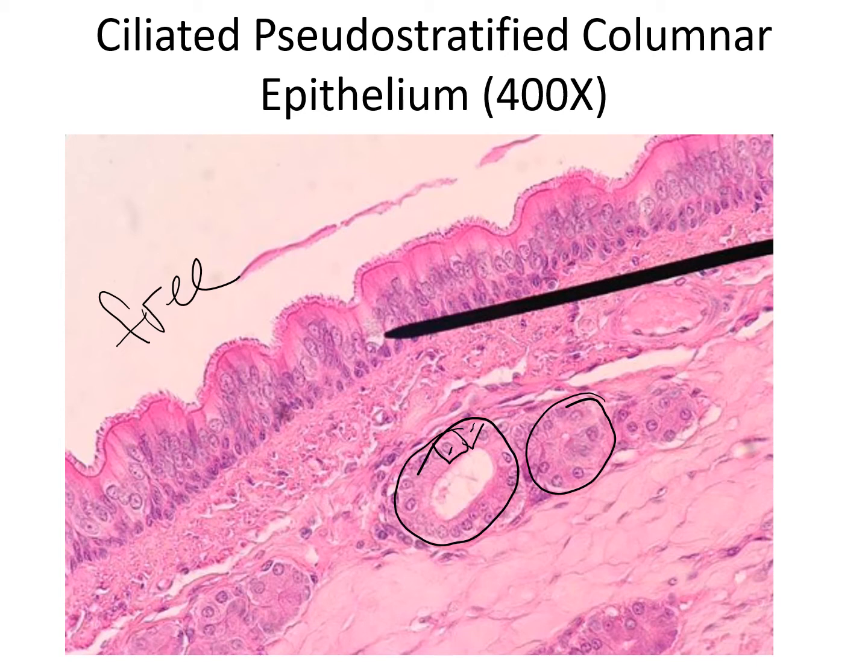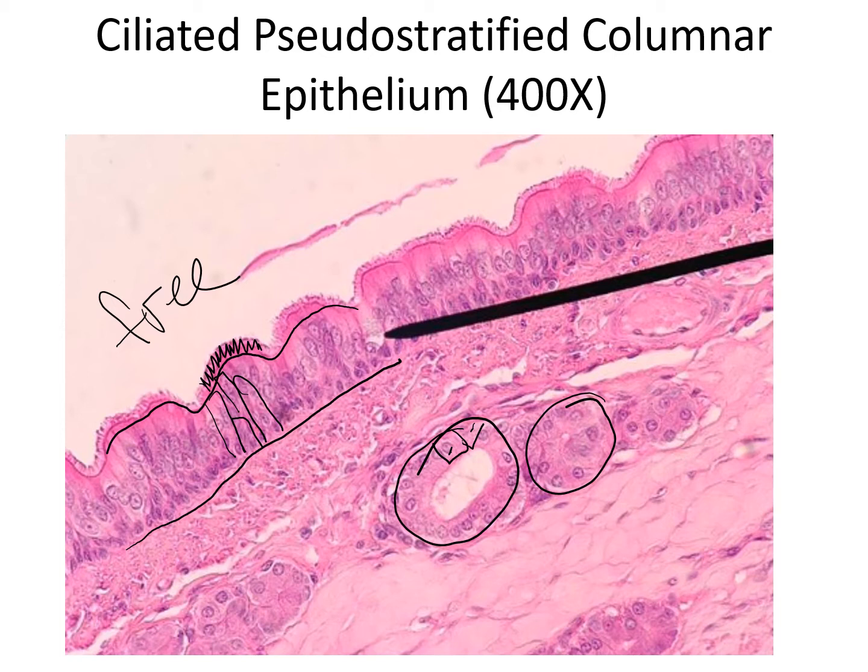But this is our pseudostratified. So we have our basement membrane, and here's our epithelium. And it looks like we have more than one layer, but actually we don't. It's just cells have different heights. And what is on the surface of the cell? This is the cilia. So it's a ciliated pseudostratified columnar epithelium.